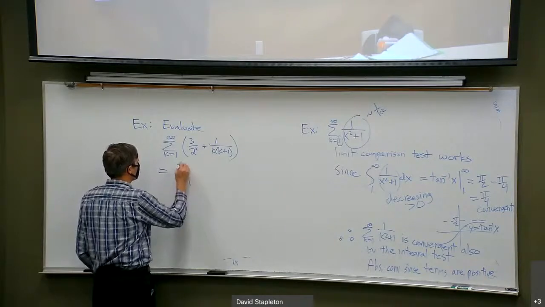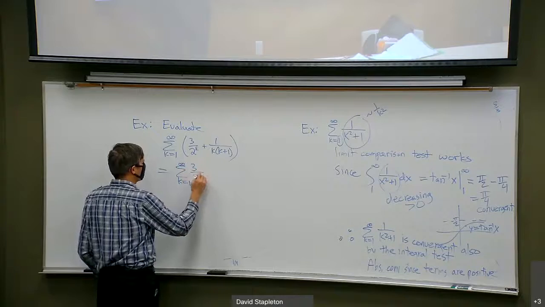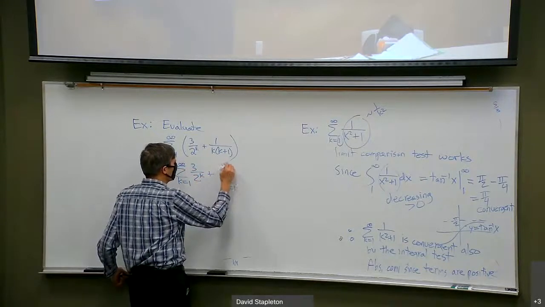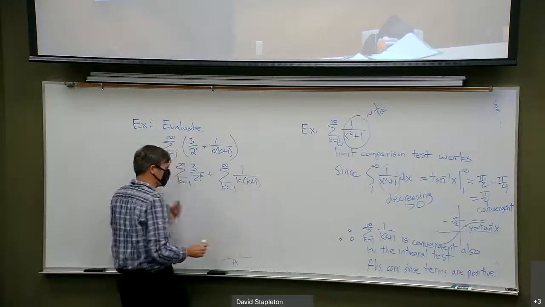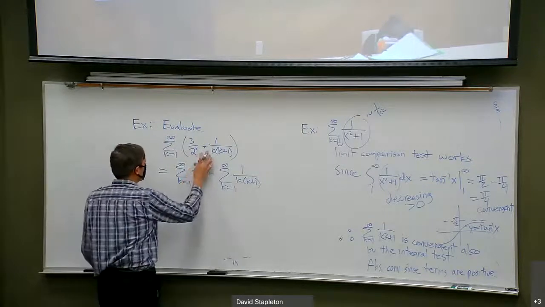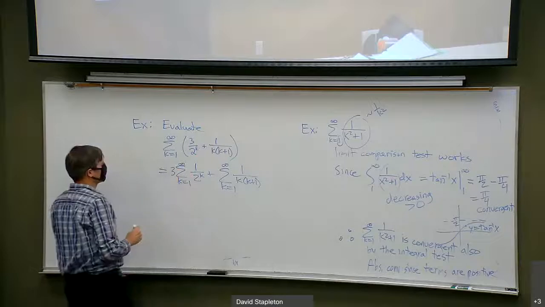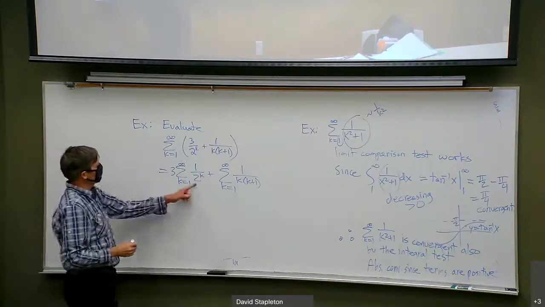You take the sum k equals 1 to infinity of 3 over 2 to the k, plus the sum k equals 1 to infinity of 1 over k times k plus 1. Furthermore, you can pull a constant out. So I'll pull this constant out like this, to make it look a little easier. What kind of series is this?